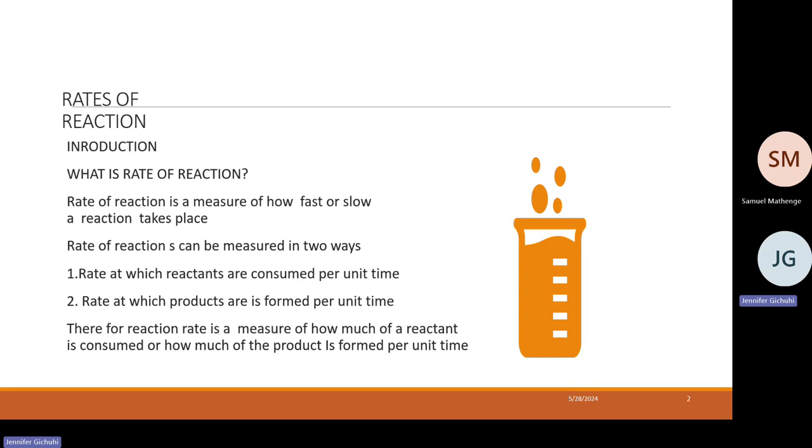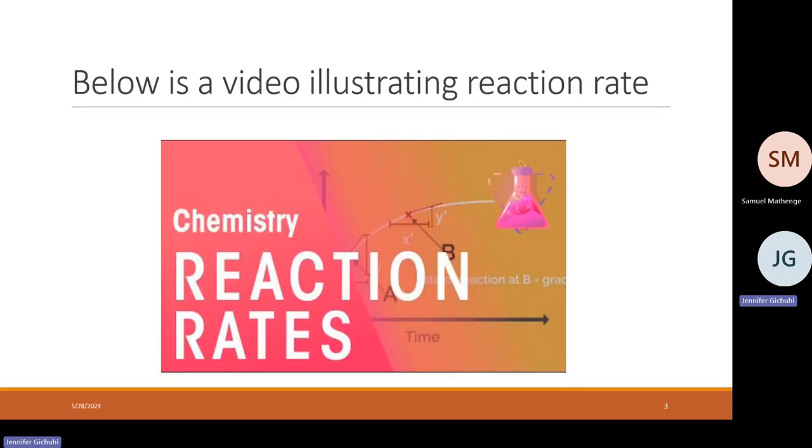So in short, the rate of a reaction is a measure of how much of a reactant is consumed and how much of the product is formed per unit time. I hope it is clear what the rate of a reaction is and how we can measure it. So I'm going to show you a video that is going to illustrate more on the rate of reaction. Watch the video, enjoy yourselves.